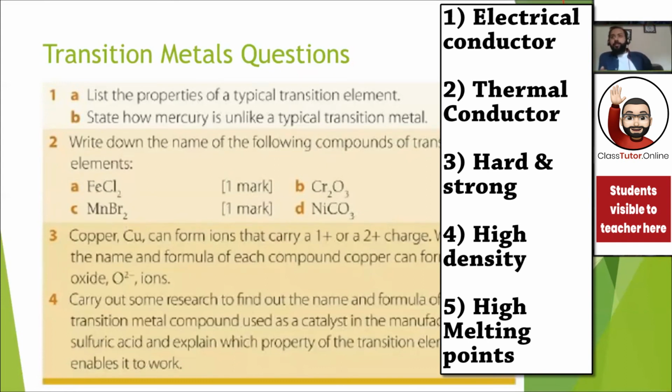So they're not as reactive as the alkali metals. They're not inert either, generally. They're not inert like a noble gas. Inert means it doesn't react. But these are the main physical properties: electrical, thermal, hard and strong, high density, high melting point.